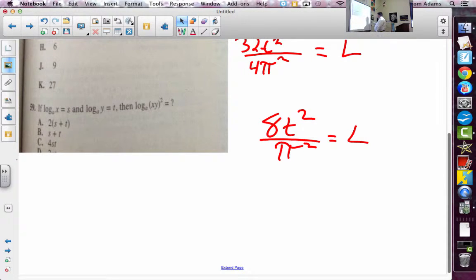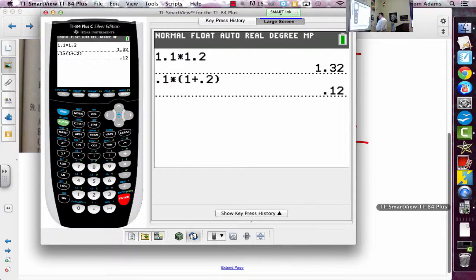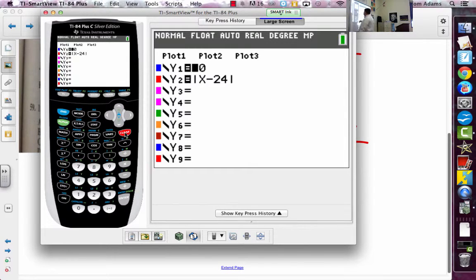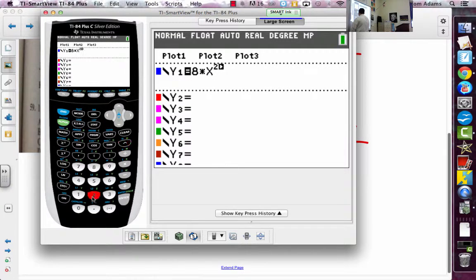So now I'm going to cheat on my calculator. I'm going to plug that in as a function and look at the table of values. So I'm going to say 8 times x squared divided by pi squared.